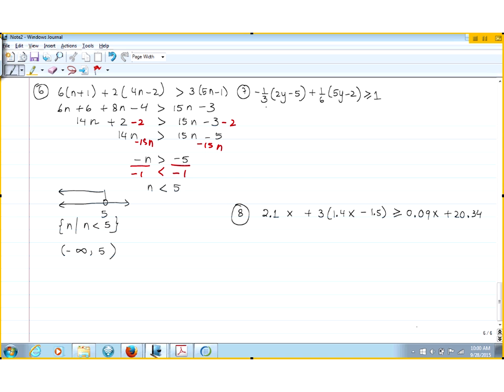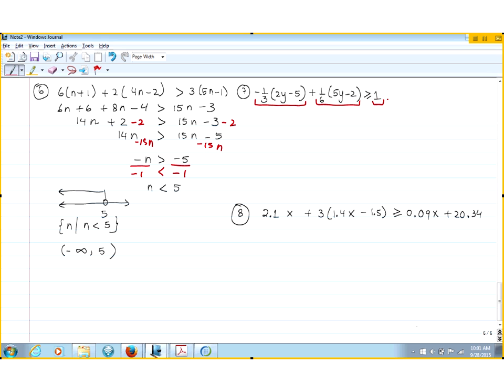Now, number 7, what should we do here? Multiply by the LCD, but just remember, this is one term. This is another term. And this is another term.